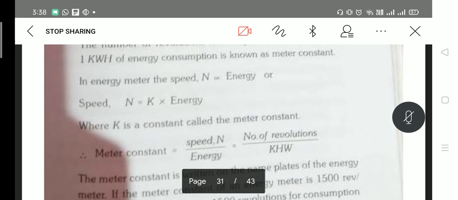From these formulas we have problems, so all of you remember these formulas. K is equal to N by energy, that is number of revolutions by kilowatt hours. Remember this formula, important in this topic.